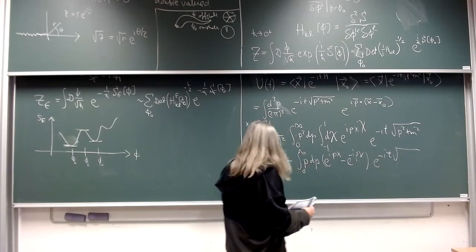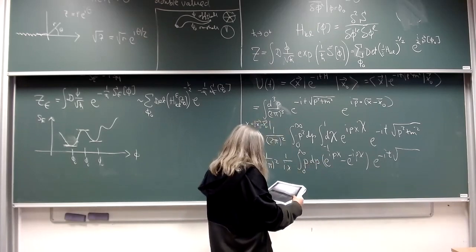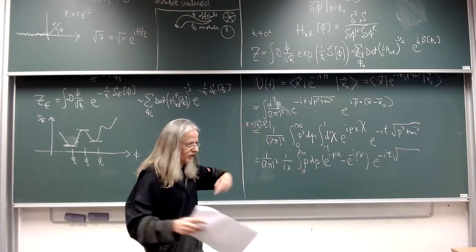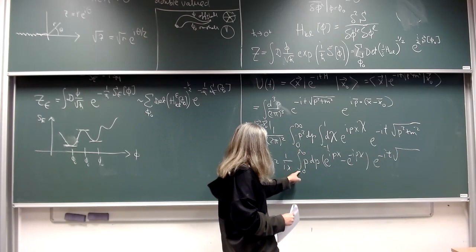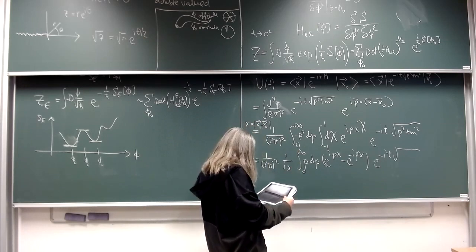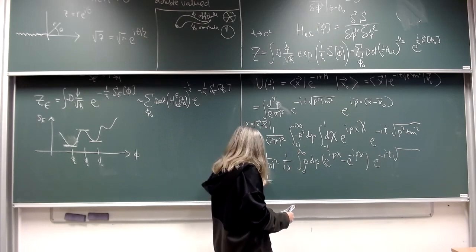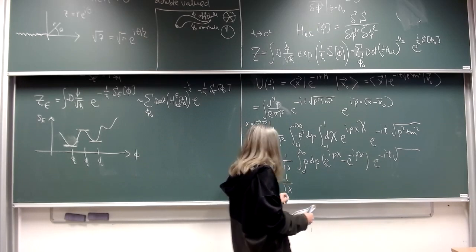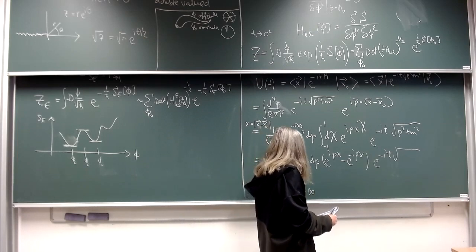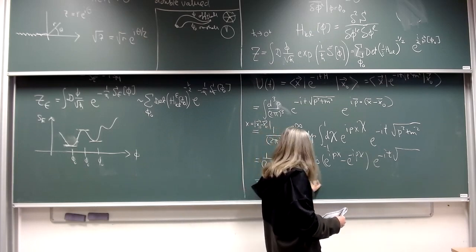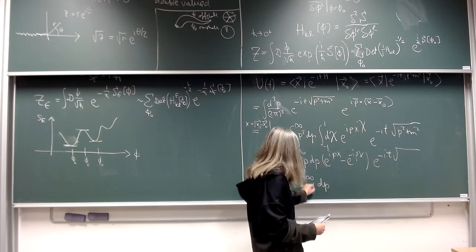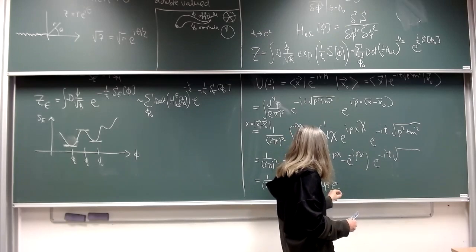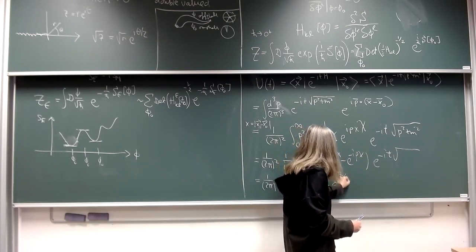And here I get, after this, instead of going from 0 to infinity, because I would like to close contours and so on, I would like to go from minus infinity to plus infinity. So I'm going to write this as 1 over 2 pi squared, 1 over i x, integral from minus infinity to infinity of dp, and there's a p here. And then let's call all this e to the i phi of p.